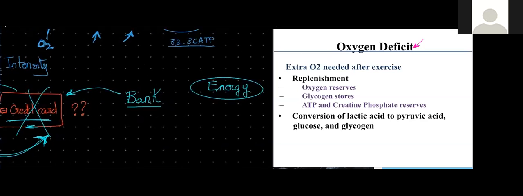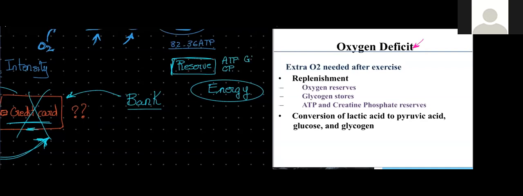It's from your reserves. So the reserve here is like the bank. Your muscle reserve is like a bank. It has ATP that you can break down. It has creatine phosphate. It has glycogen. So you're going to be consuming all this during exercise.